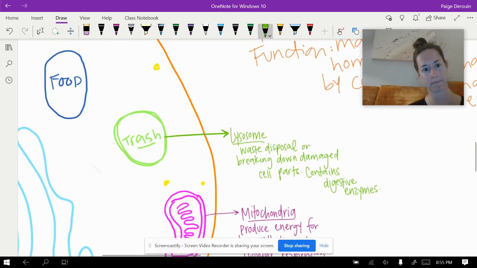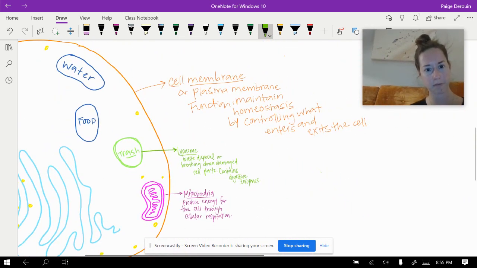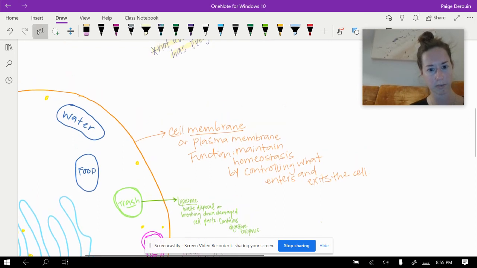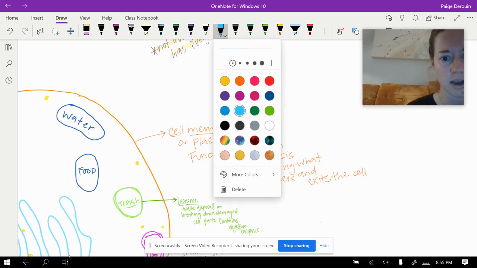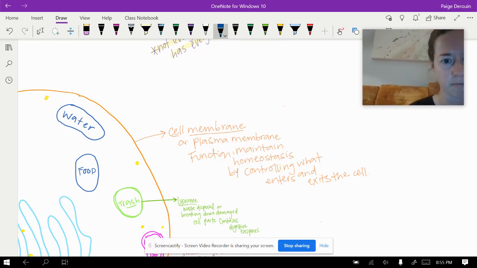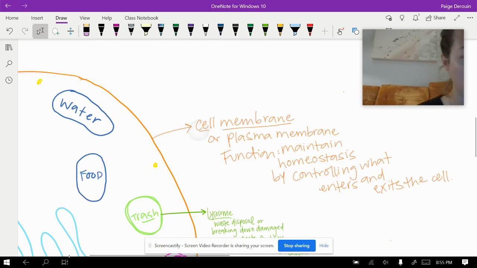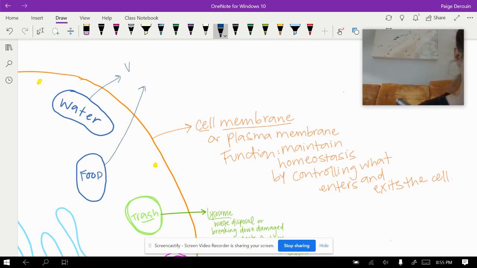Okay, moving up, going around the cell membrane here. These dark blue structures are both the same thing. There's just two different types of them. They're called vacuoles. Vacuoles are storage of materials.